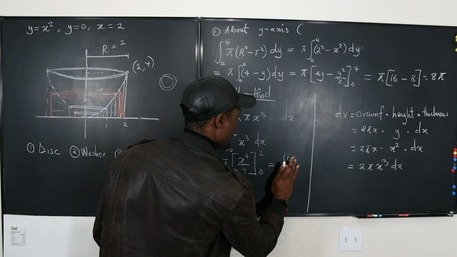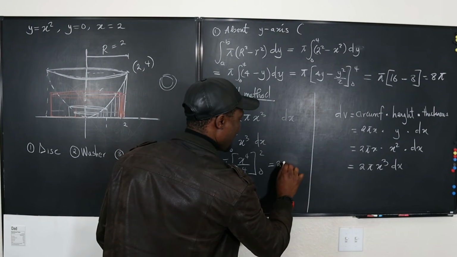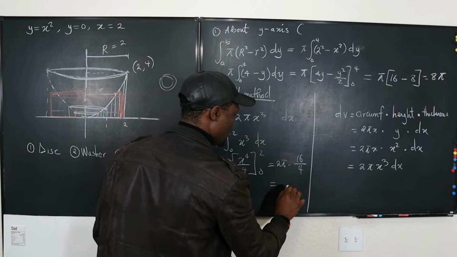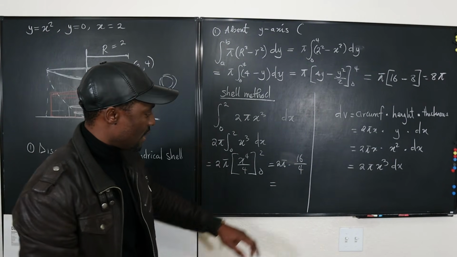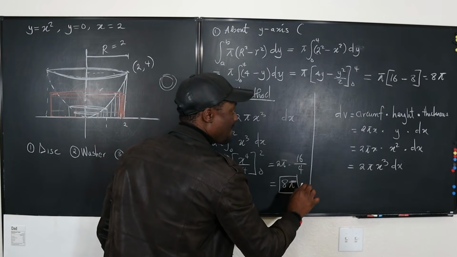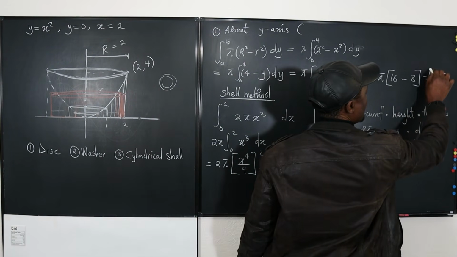It's going to be 2 pi times 16 over 4, which gives us 8 pi. As you can see, it is the same exact answer we got when we solved it the other way.